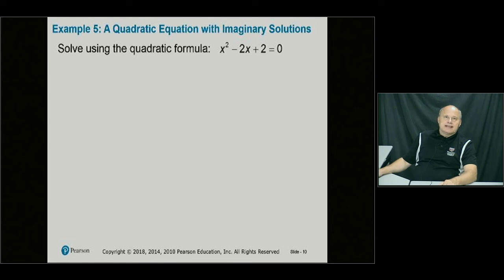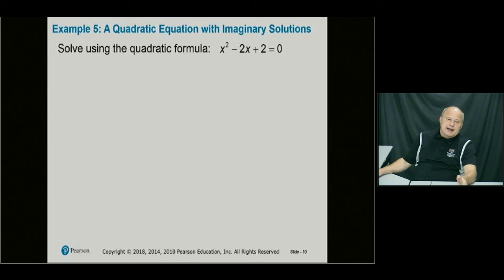All right, example 5, a quadratic equation with imaginary solutions. We're going to solve the equation x squared minus 2x plus 2 equals 0. If you notice, it doesn't factor. You can't find two numbers that multiply to give you 2 and combine to give you negative 2. If it factors, do you have to use the quadratic formula?